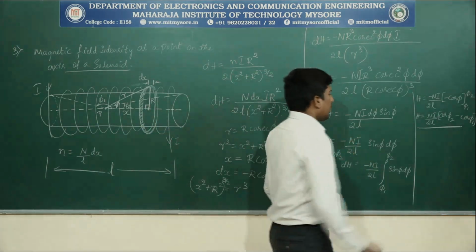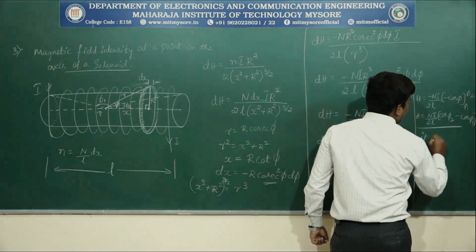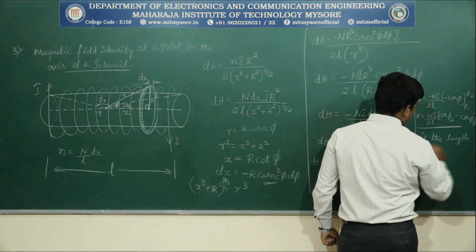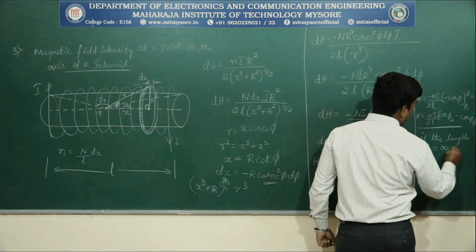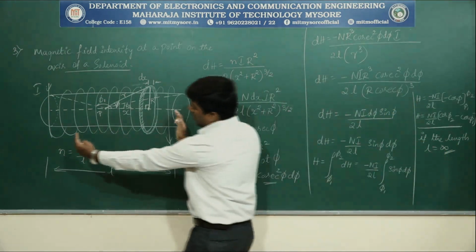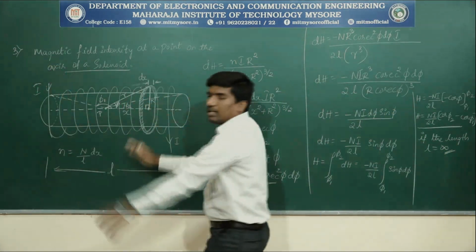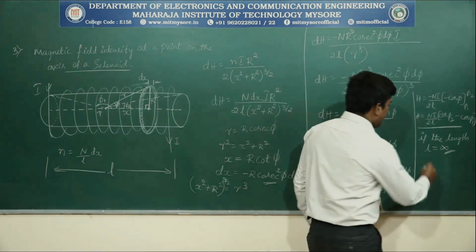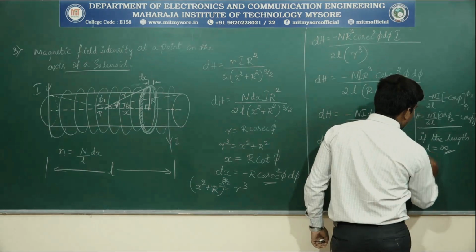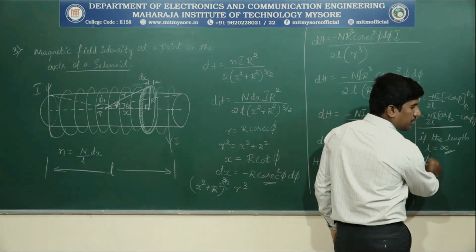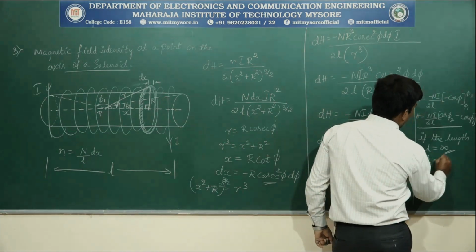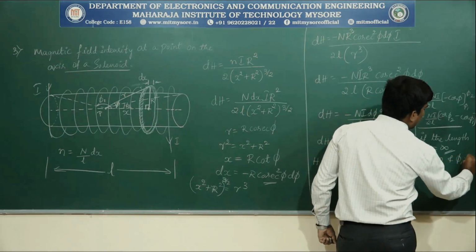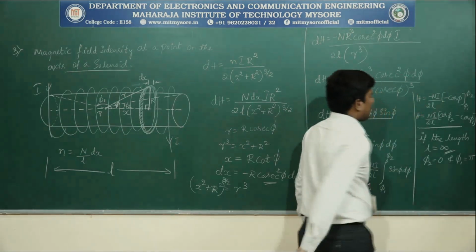Okay. Now, if the length L is equal to infinity, if the solenoid is infinitely long, what will happen to this equation? In this equation, phi 2 becomes 0 and phi 1 becomes pi.